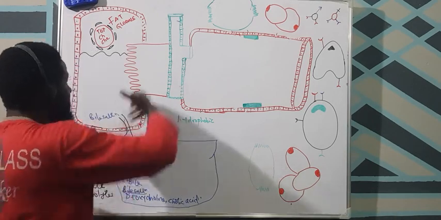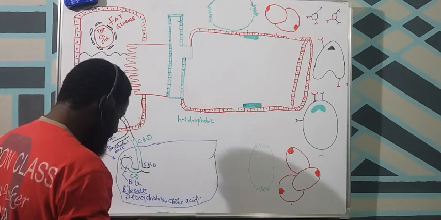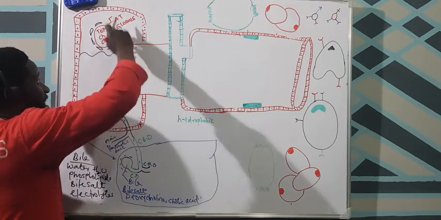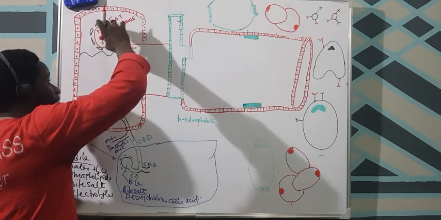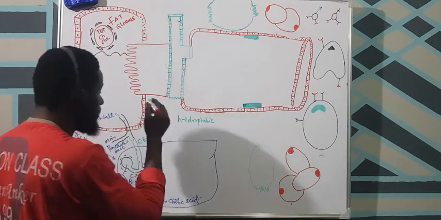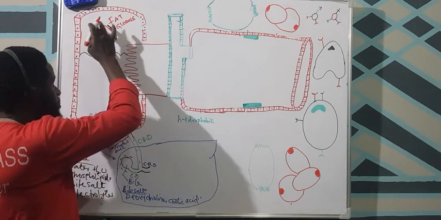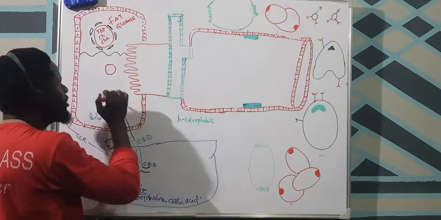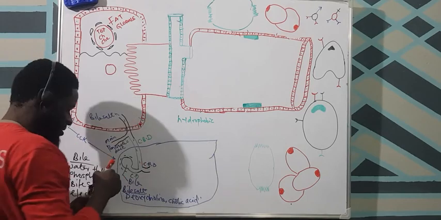So what now happens? This bile salt helps in emulsification of the fat globule into fat droplets or emulsion droplets. So this is a bigger size, so it becomes something like this, smaller than the usual size.